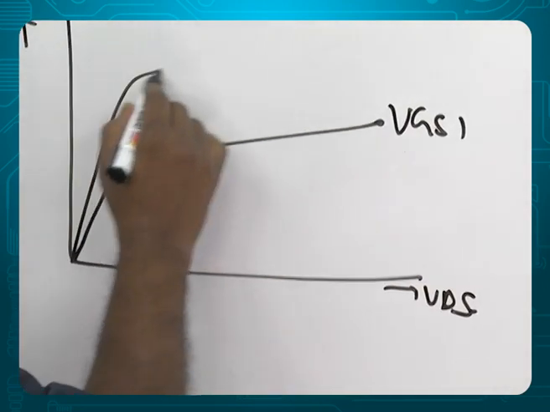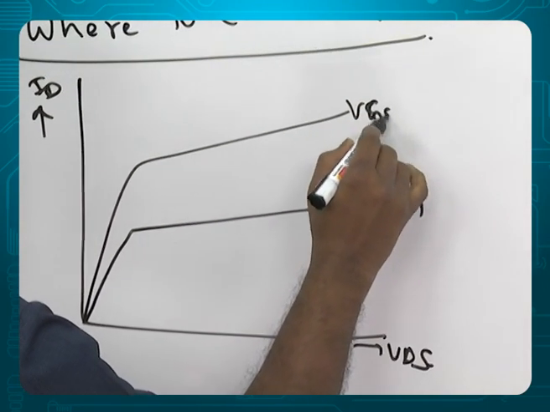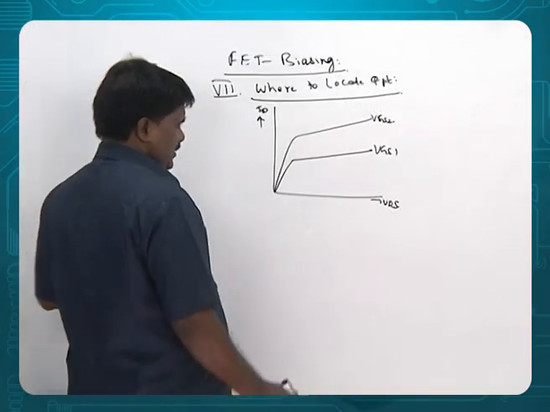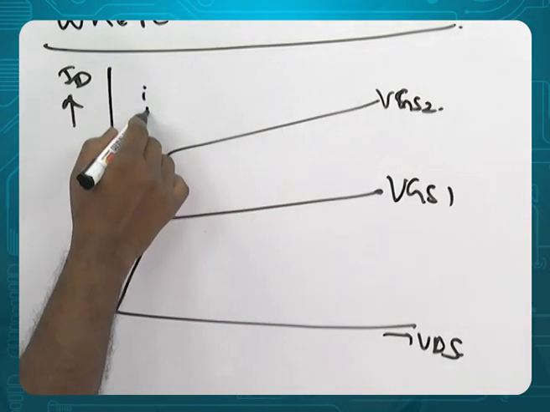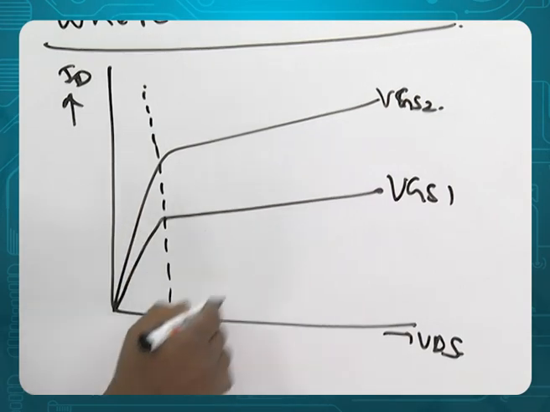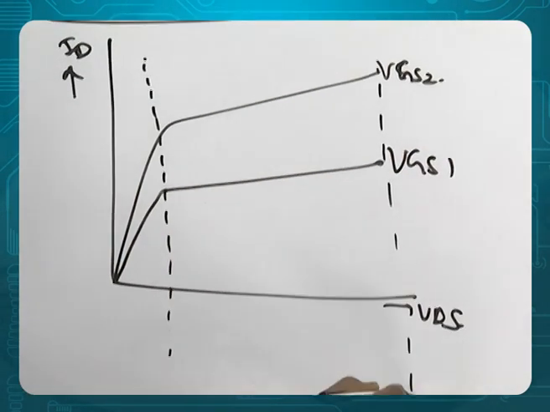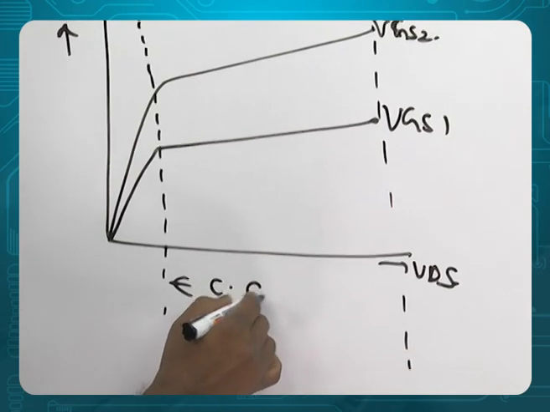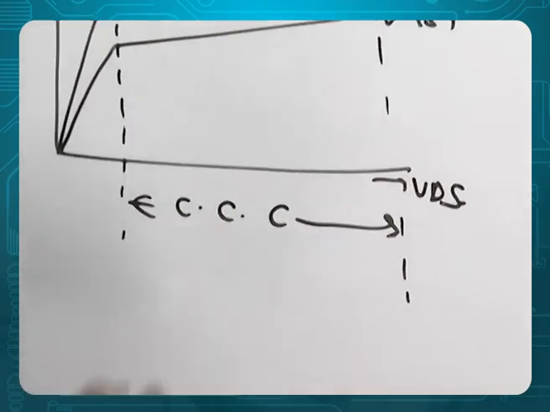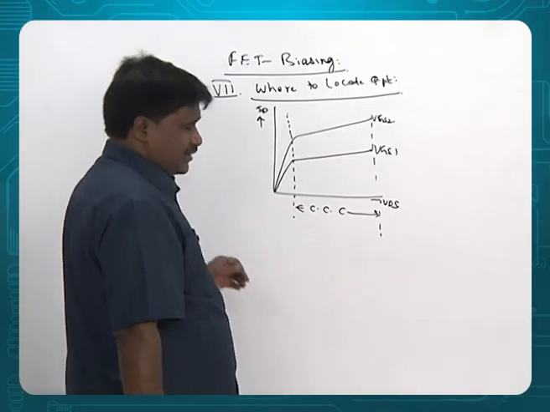VGS1, VGS2, for example, and this is generally called constant current characteristics. In fact, this is a name that I am popularizing.